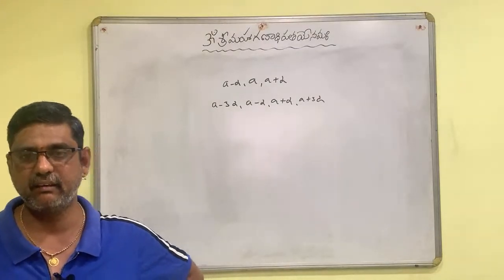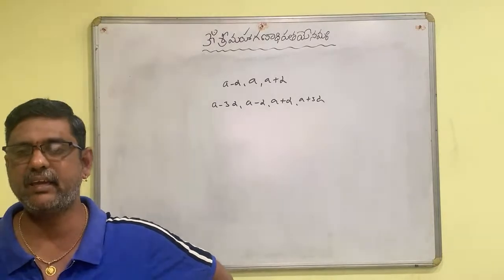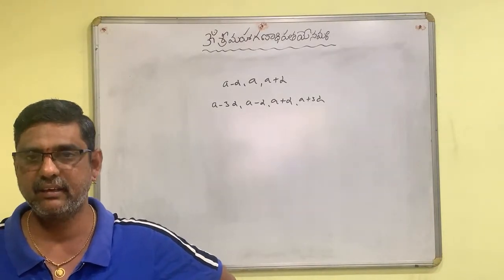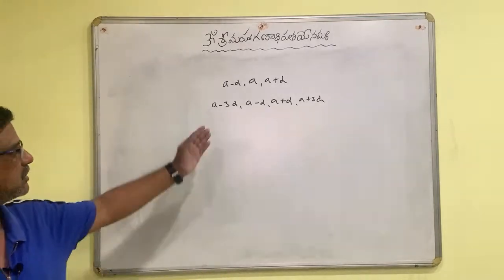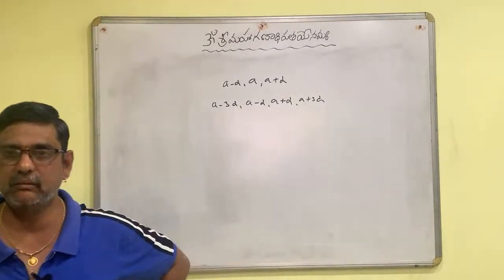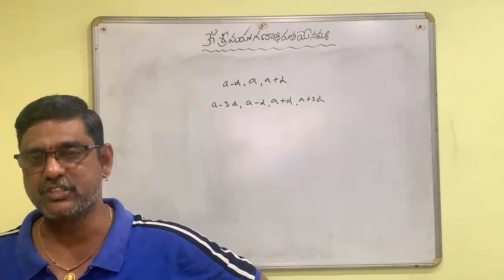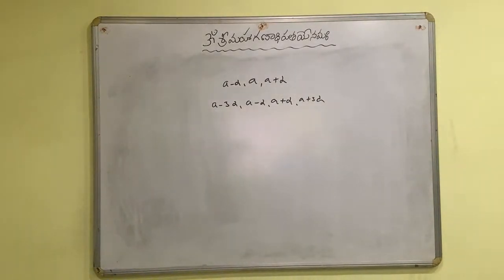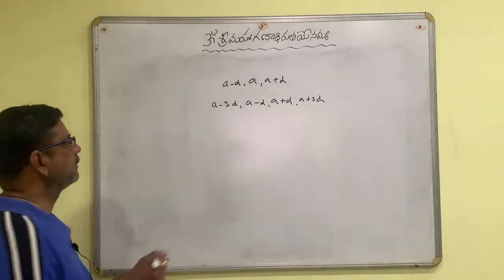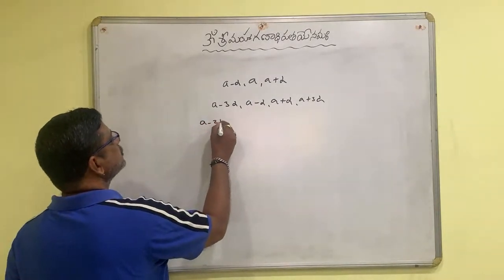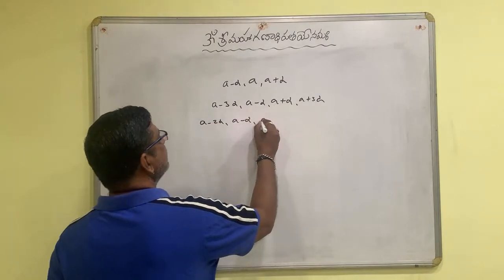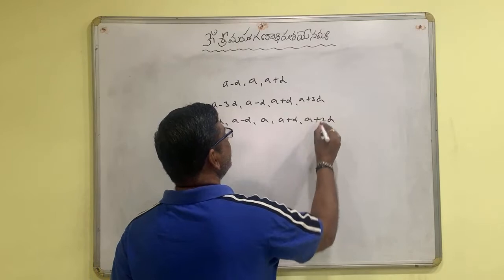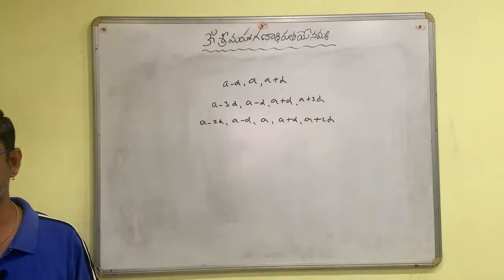Rather than taking A, A plus D, A plus 2D, A plus 3D, if we consider four numbers like this, solving is easy. If the question talks about five numbers: A minus 2D, A minus D, A, A plus D, A plus 2D. We need to consider five numbers like this.